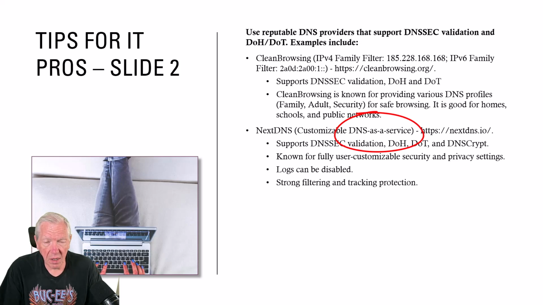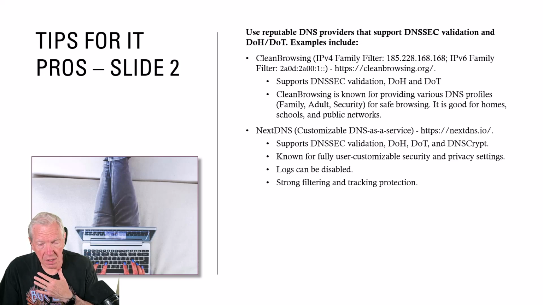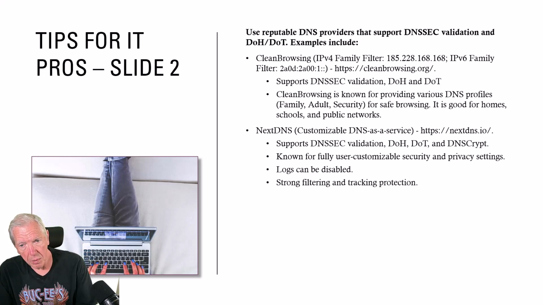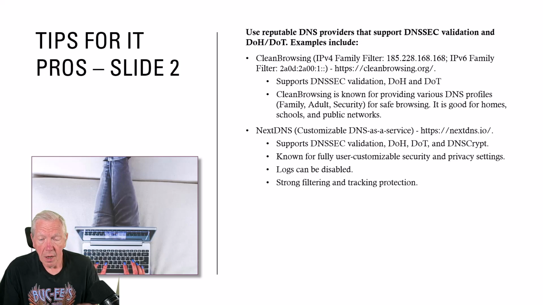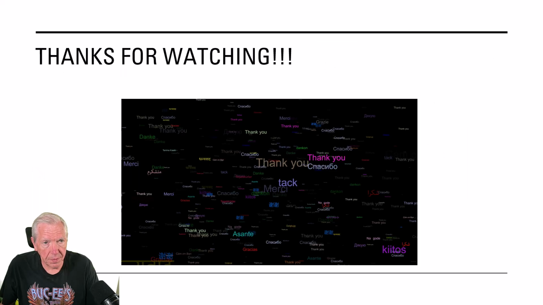So what they're doing is they're borrowing this from cloud nomenclature, where I'm saying, hey, I've got customizable DNS as a service, and you can go with fully user customizable security and privacy settings. One of the good features of this is that you can disable the logs, which is great, but you can also provide strong filtering and tracking protection. And I gave you the website address for that as well.